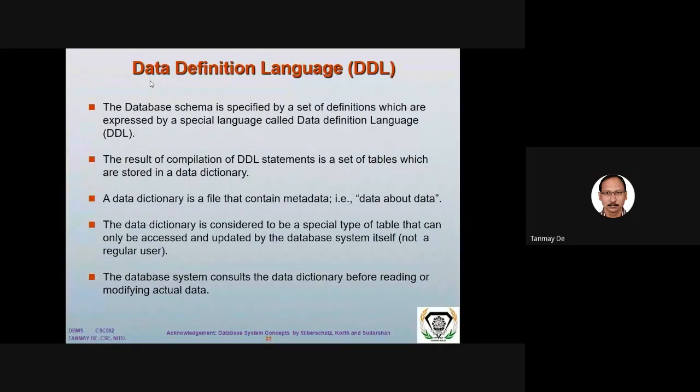These tables are stored in one special file known as the data dictionary. That means the data dictionary is a file that contains metadata, data about data. And the database system consults the data dictionary before accessing or modifying the actual data in the database system.